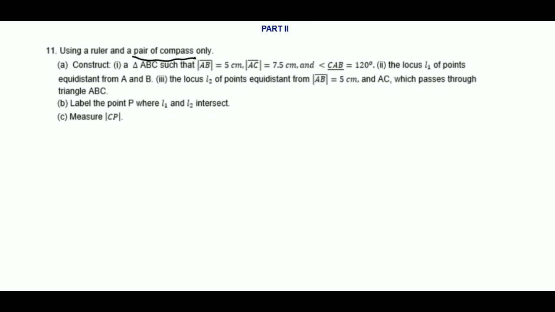We are told about the locus. That means we are also meant to construct the locus L sub 1 of points equidistant from A and B, and also the locus L sub 2 of points equidistant from line segment AB, which is 5 centimeters, and AC, which passes through triangle ABC.